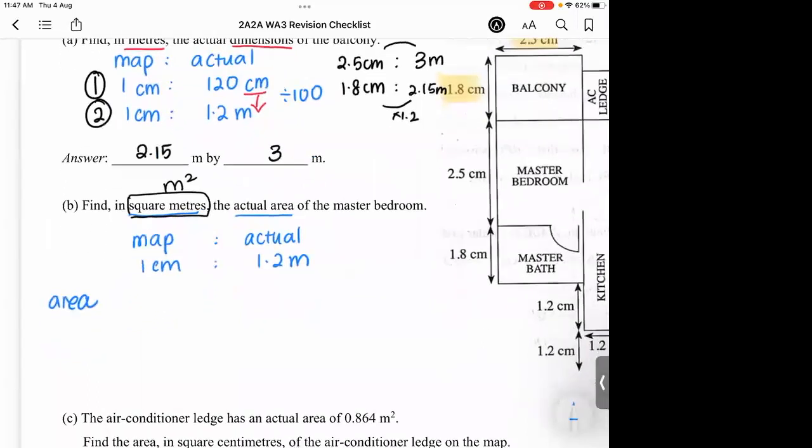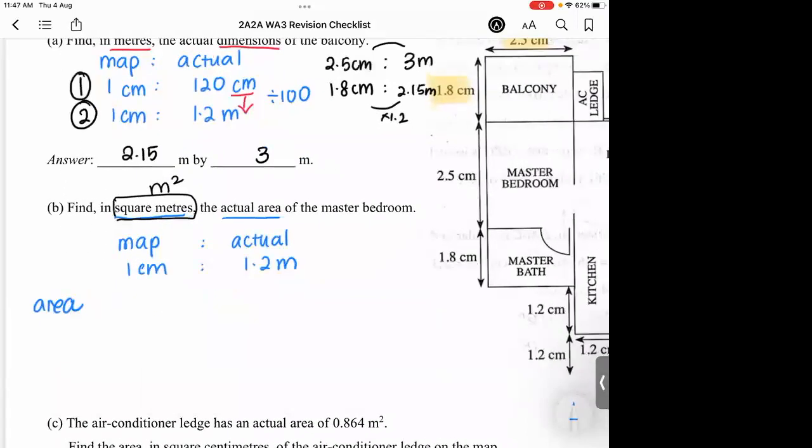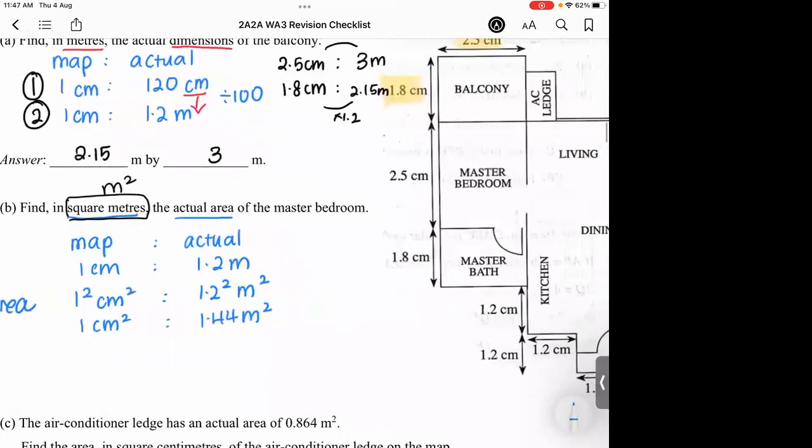Yes, square everything. 1 cm square, 1.2 meter square. So let's find this. 1 square is still 1. 1.2 square, that gives me 1.44 meters square.